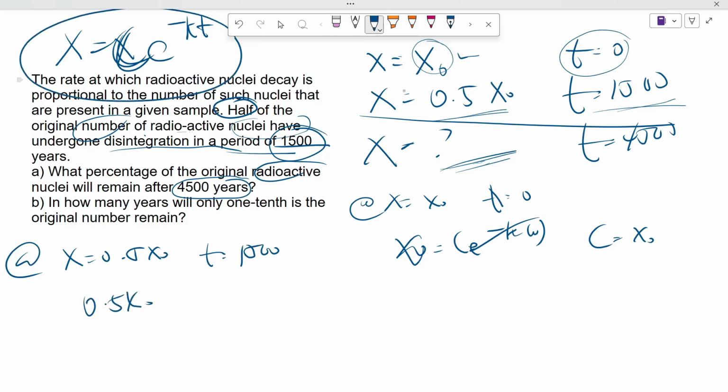I'm substituting it here so you won't get confused. Our C is X sub O, e raised to negative k with the time of 1,500.